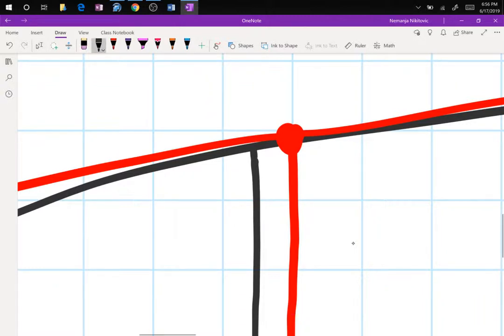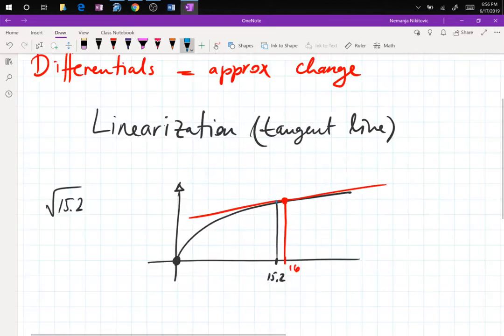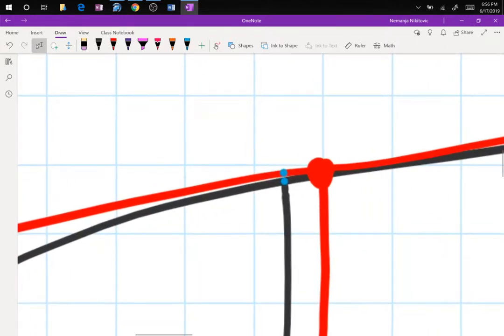Do you see that the value, the blue dot, the exact value that you would get, well, you don't get exact, you get the decimals, but whatever. And if you calculate 15.2 in the tangent line, they're really close, right? If I zoom out, you can't even tell the difference between the two points. See that? Zoom in, yeah, you see they're not the same value.